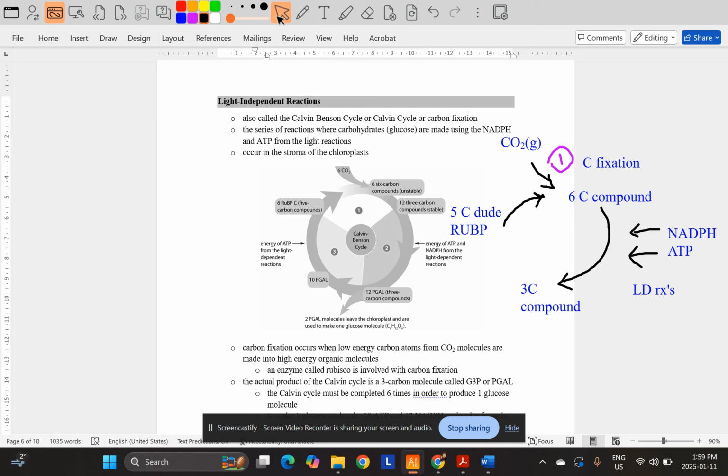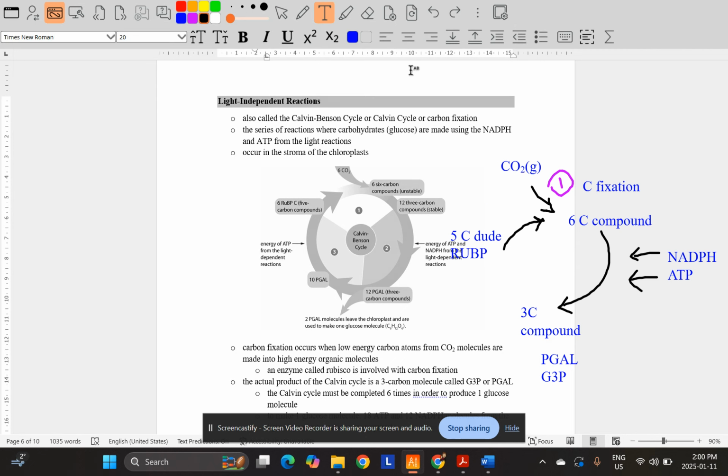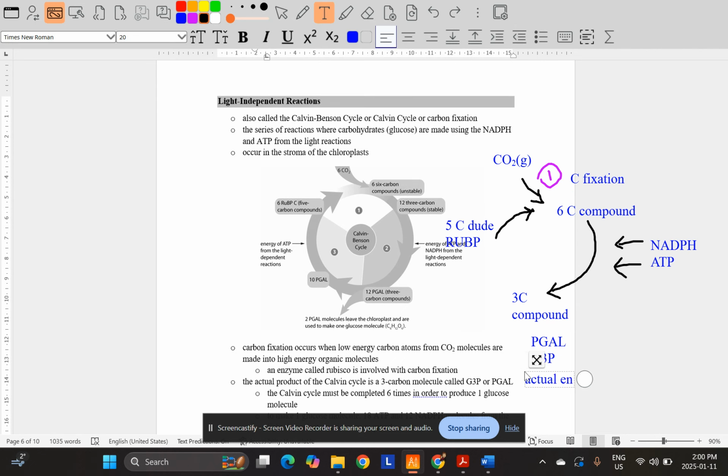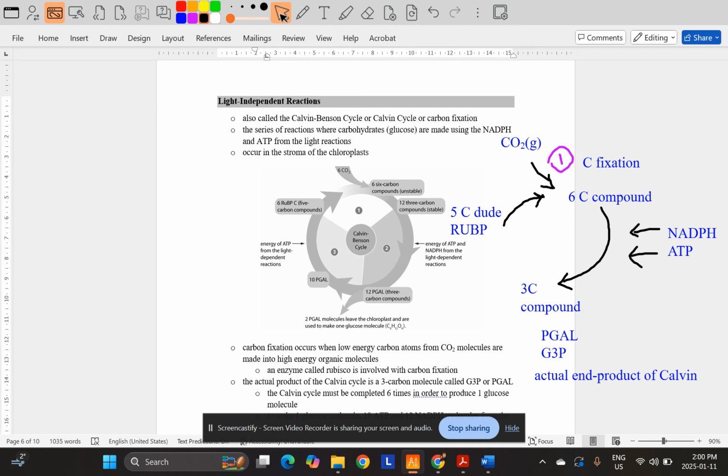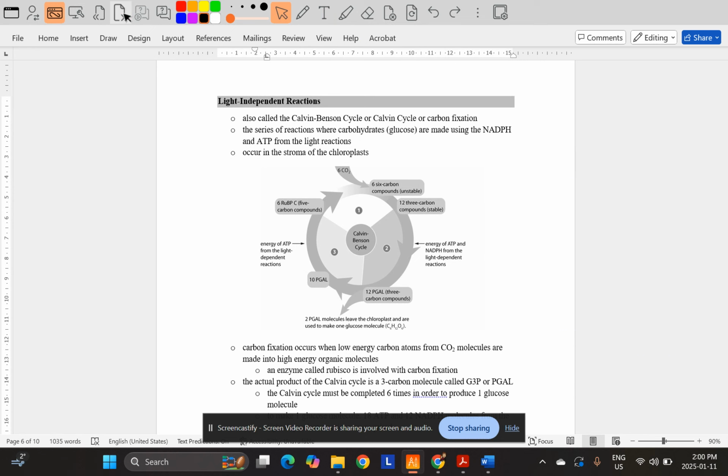These high energy molecules are going to reduce the 6 carbon compound into a 3 carbon compound, and this reduction stage makes the actual end product of the Calvin cycle. Oh, you thought it was glucose? Nope. It is this 3 carbon compound, PGAL, phosphoglyceraldehyde, or G3P. That 3 carbon compound is the actual end product of the Calvin cycle.